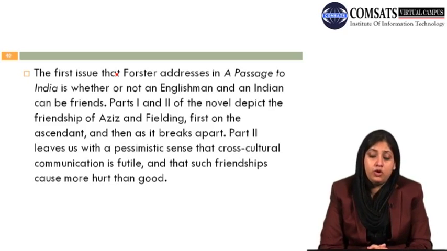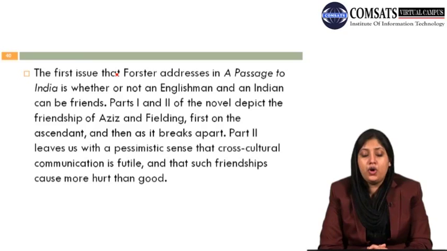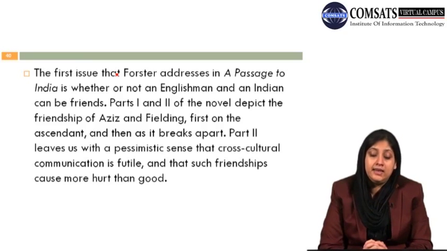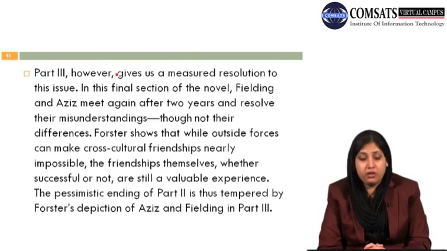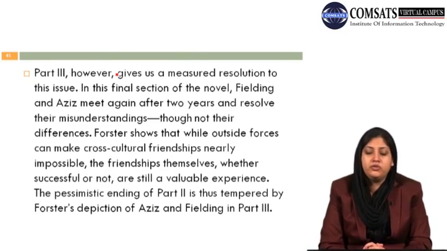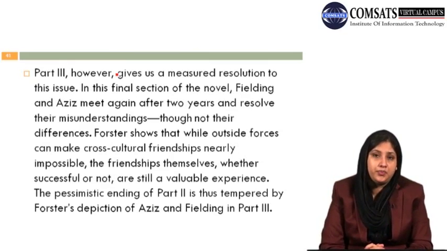Parts 1 and 2 of the novel depict the friendship of Aziz and Fielding, first on the upswing and then as it breaks apart. Part 2 leaves us with a pessimistic sense that cross-cultural communication is futile and that such friendships cause more hurt than good. Part 3, however, gives us a measured resolution to this issue.